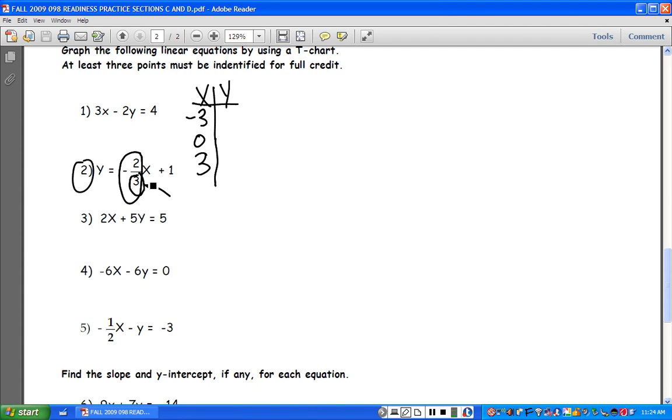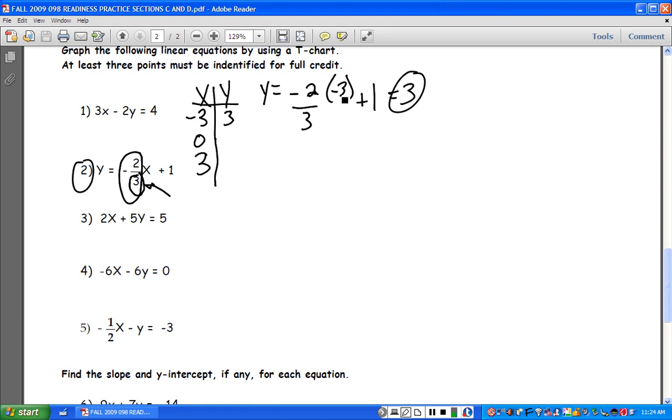Alright, so y equals negative 2 times negative 3, because x is negative 3, over 3 plus 1. So a negative 2 times the negative 3 is a positive 6. 6 divided by 3 is 2. 2 plus 1 is 3. So when I plug in a negative 3, the answer is 3.